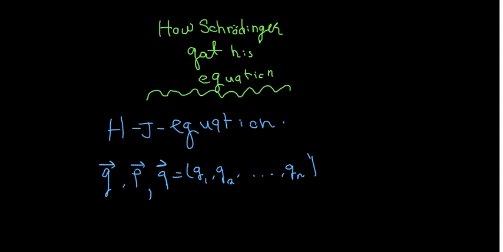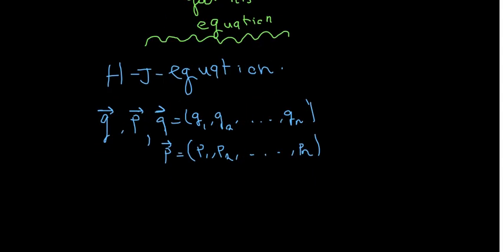So this one right here is a multiplet. It's not just a single degree of freedom. And the p vector, we can write this down in the following way as well: p1, p2, and so on up to pn, right? So that's what I mean by the vector here.